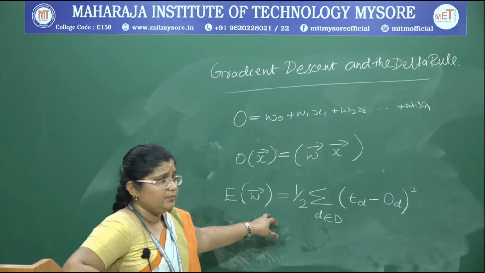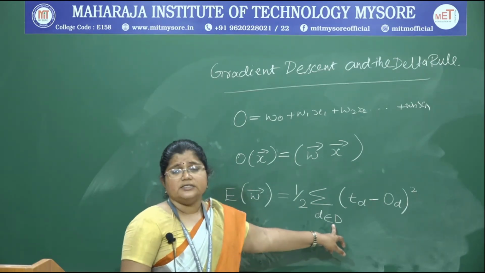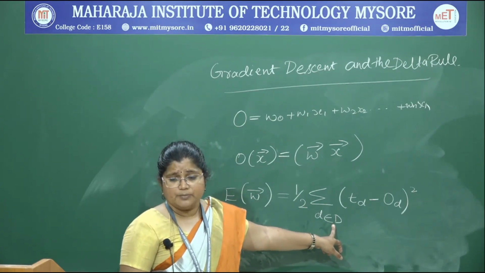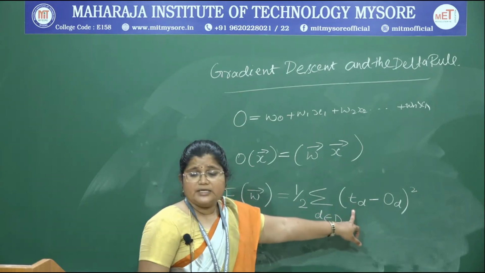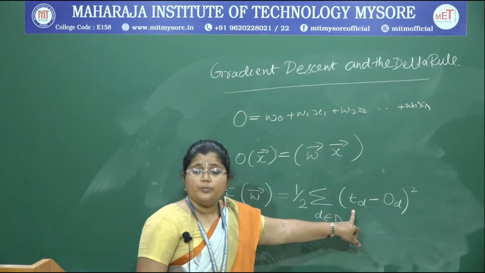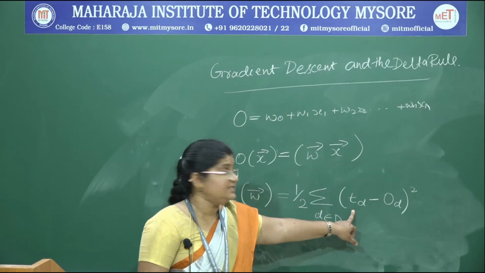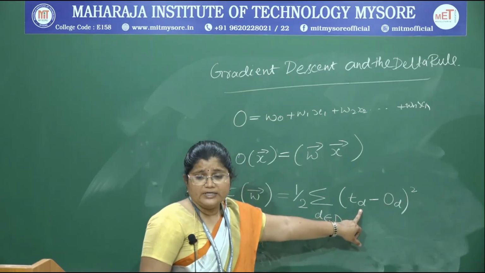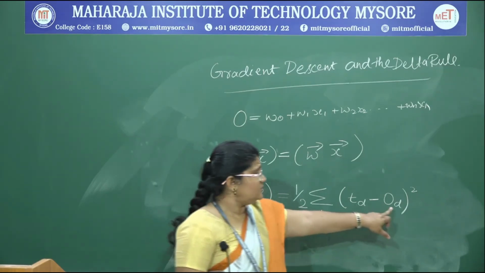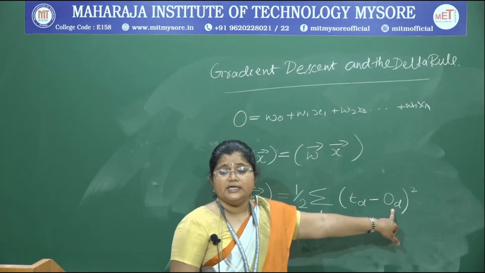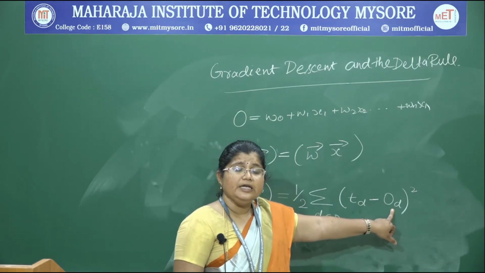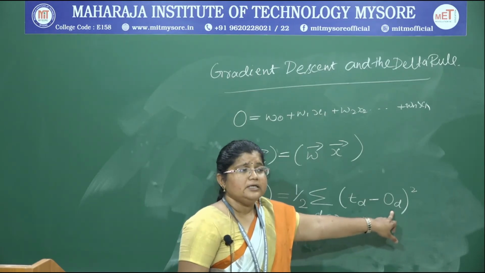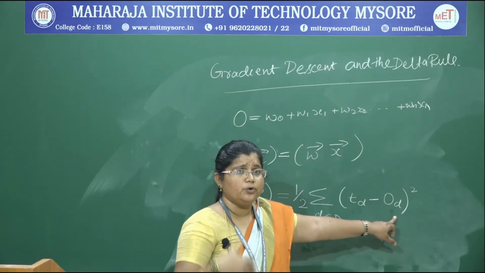In this equation, capital D is the set of training examples, td is the target output for a training example d, and od is the output of the linear unit for a training example d, that is, the perceptron which we are going to obtain.